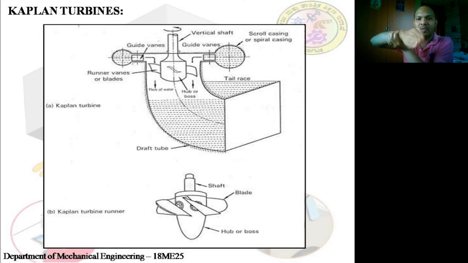We can vary these directions, as we can see here. Is that clear? So that is the beauty. After striking the blades, the water flows into the tail race and is taken out. Here also there is a draft tube, an enlarging or diverging section that is placed over.